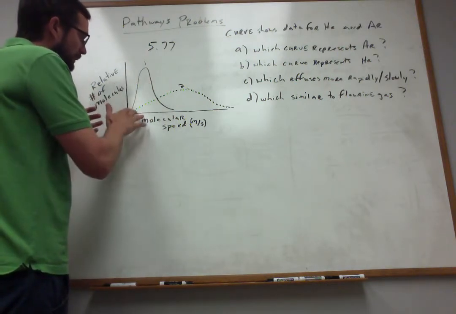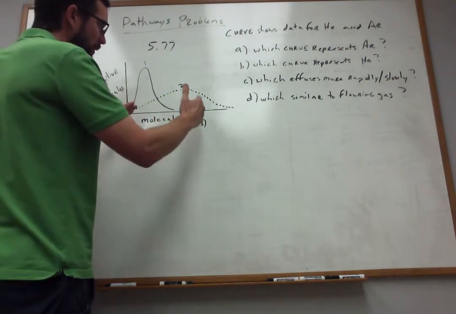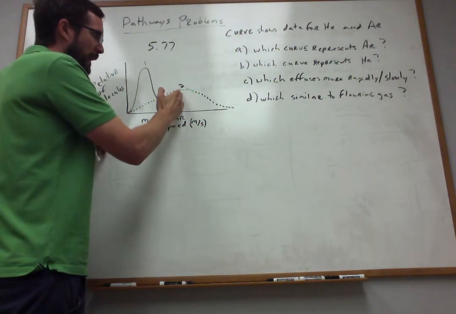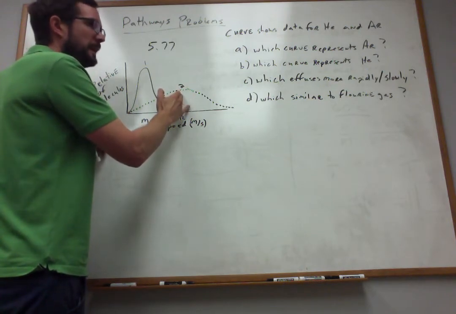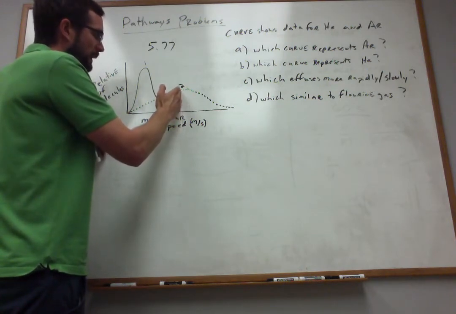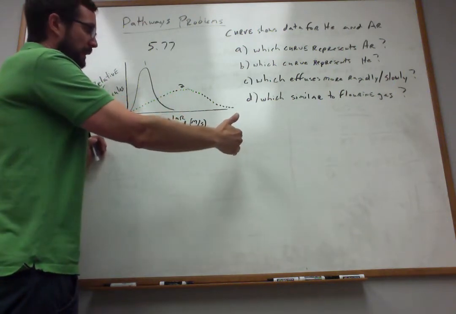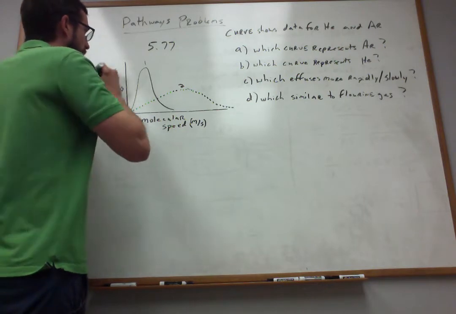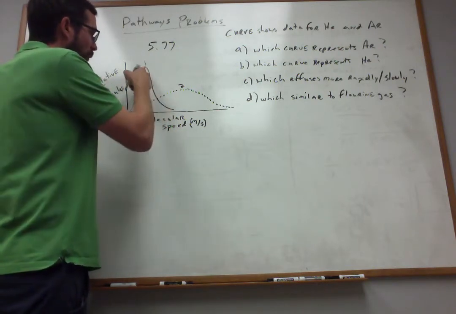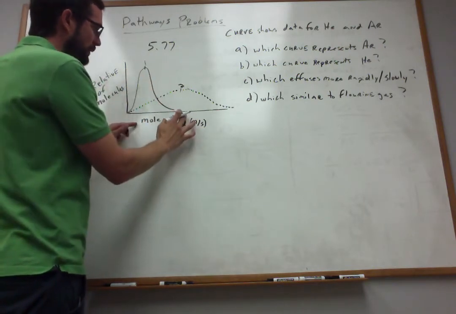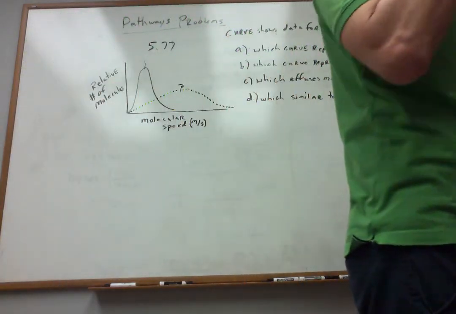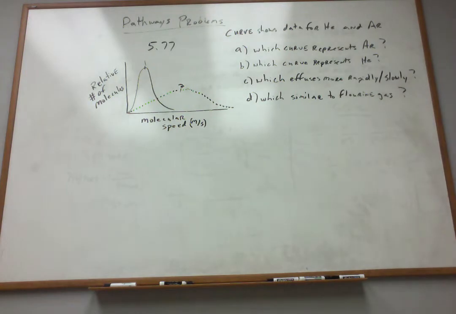Whereas for data series number 2, we have a little bit more spread of the data, and also the maximum, or mean or median, if you will, is at a much higher molecular speed than it is for number 1. That median is somewhere in here for 1, whereas for data series 2 it's way over here, at a much higher molecular speed. So that might give us some hints to help us answer this series of questions.